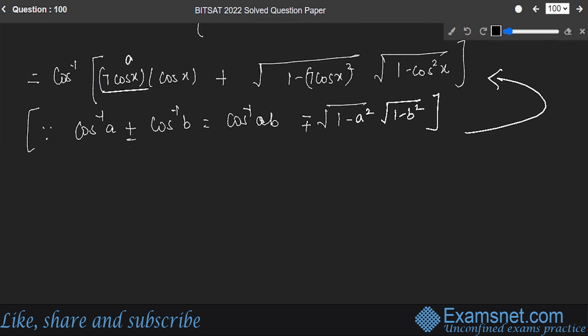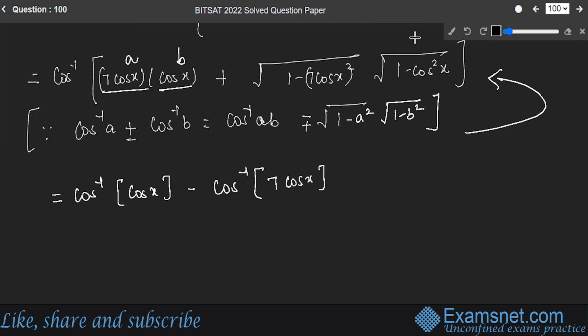Here this is A and this is B. So you have this one as cos inverse cos x minus cos inverse 7 cos x. Right? Because for the plus, you will have a minus over here. So this gives me x minus cos inverse 7 cos x.